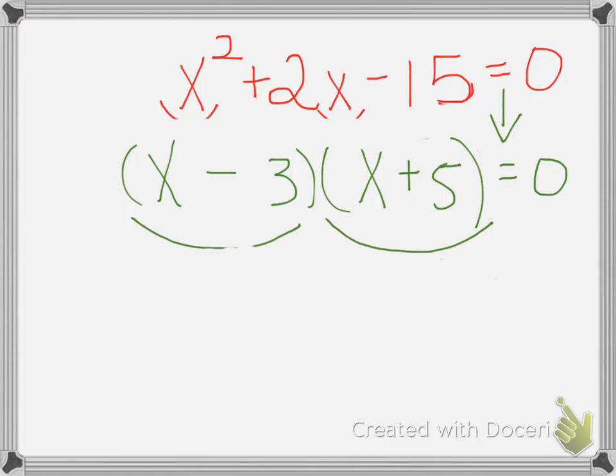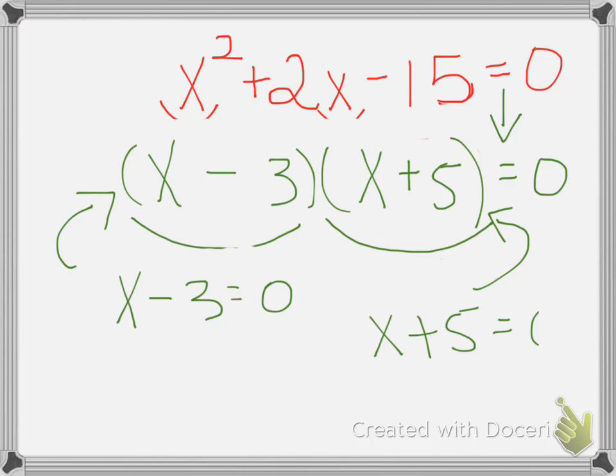For example, this x minus 3 could be equal to 0. Or x plus 5 could be equal to 0. Or both of them could be equal to 0 because 0 times 0 is 0. But I know for sure one of them has to be, because there's no other way to get 0 as a product. 0 has to be in the problem.